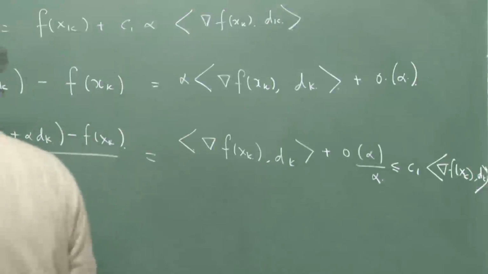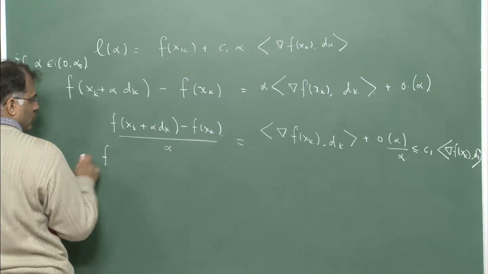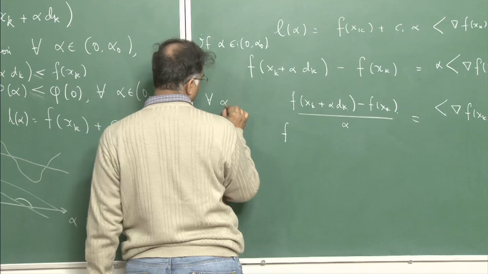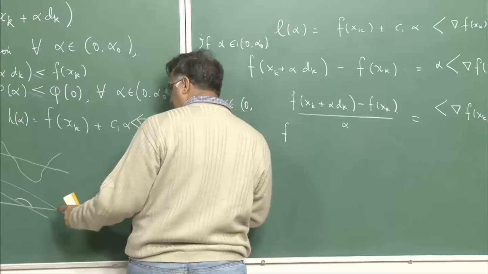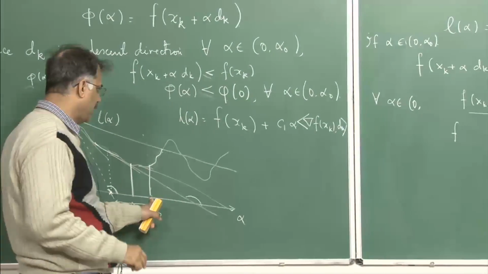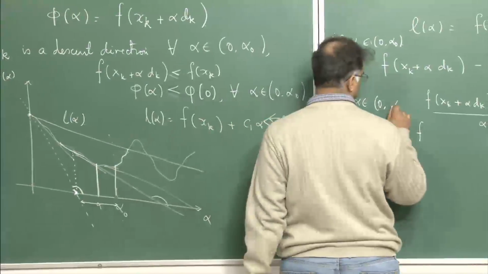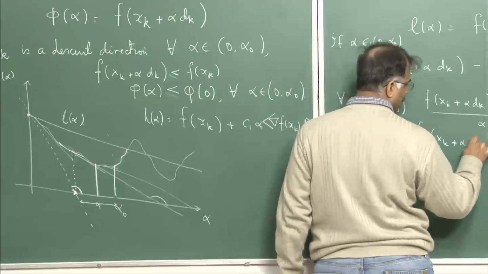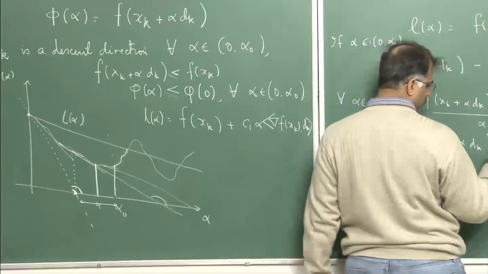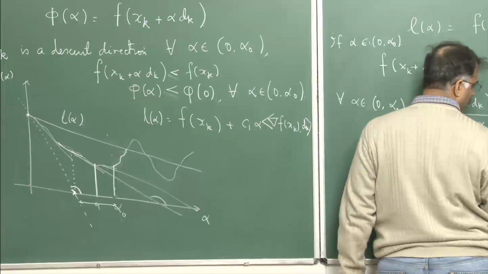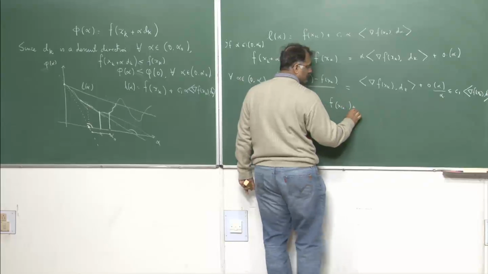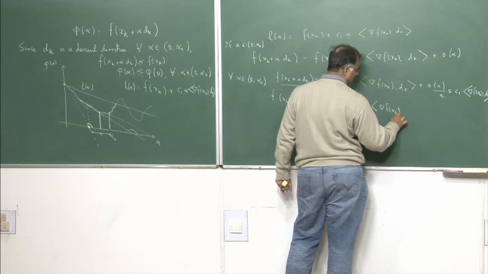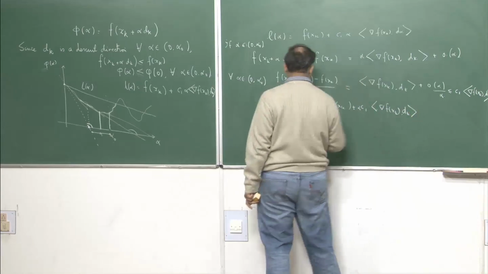So for all alpha between 0 and alpha naught at least, I can have f of xk plus alpha dk less than or equal to f of xk plus c1 into alpha times grad f(xk) dk. So I meet the Armijo condition.